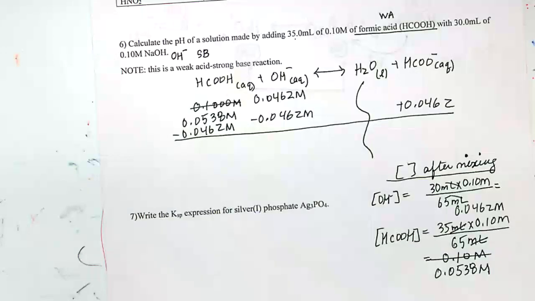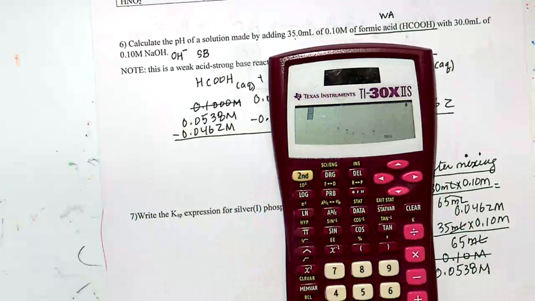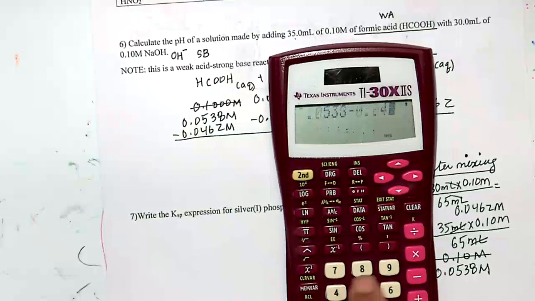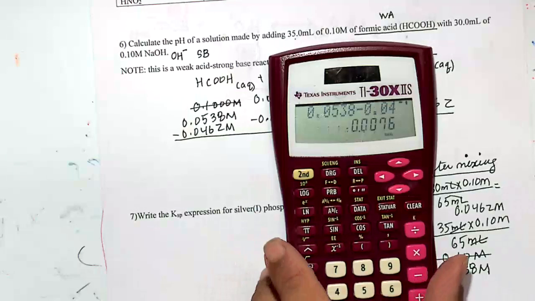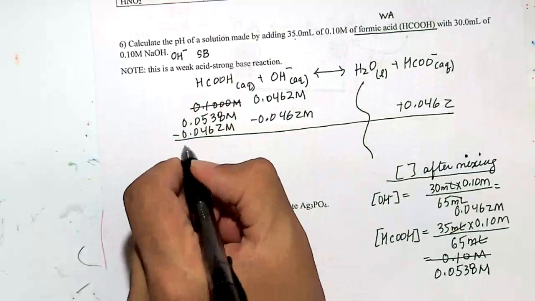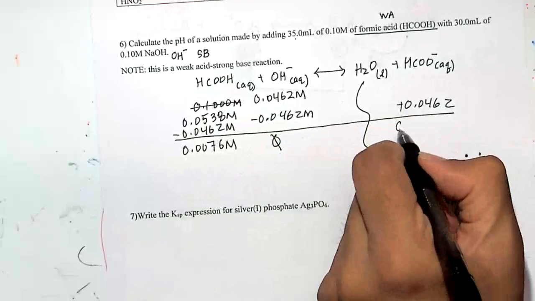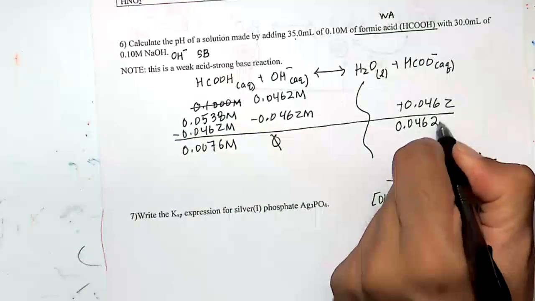I think I have to give you the Ka for formic acid, but I don't have that in front of me. But anyways, so what's 0.0538 minus 0.0462? 0.0076 molar. That's going to be 0.0462.